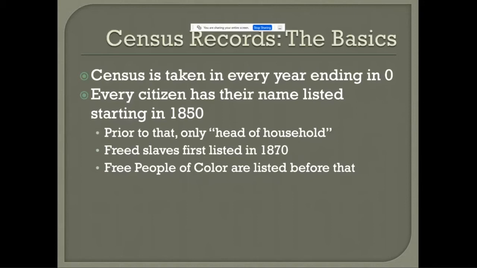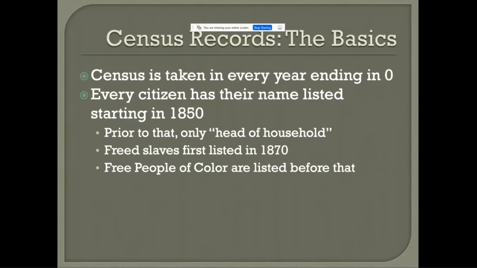But prior to that, through 1840, only the head of household got their name listed, typically the man, sometimes a woman, but usually the man. Everybody else would appear as a tick mark on the census record. So there'd be a column, boys 5 to 10, tick, girls 5 to 10, number 2, okay.